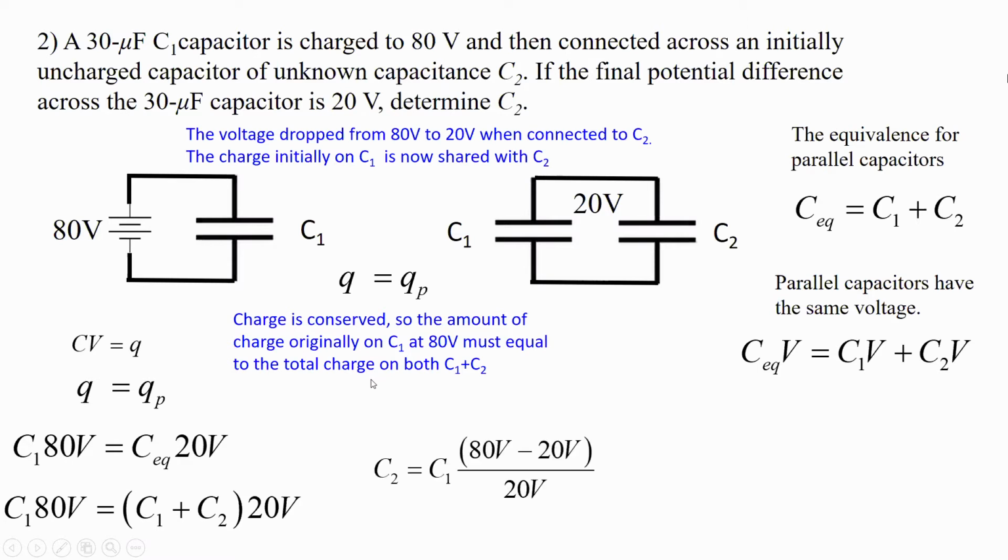So basically it's a little bit of algebra here. Combining terms, 80 minus 20 divided by 20, becomes 60 divided by 20, which is 3. And so we just multiply 3 times 30 microfarads. And that gives us 30 microfarads.